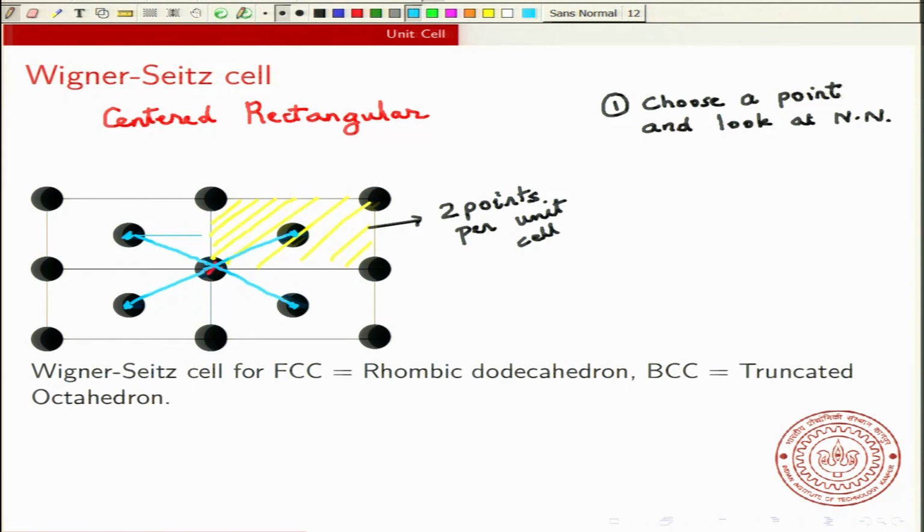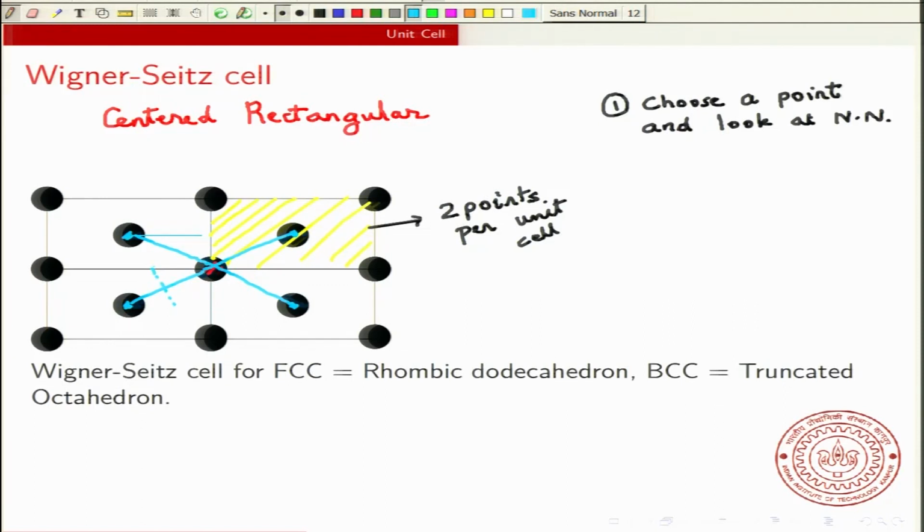Then what you do is you draw this line from here to here, and you consider this line and you bisect it. You cut it in half and draw a line perpendicular to this line. So let me draw it this way.